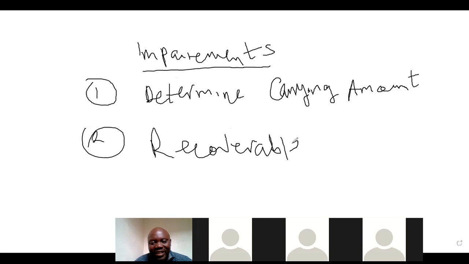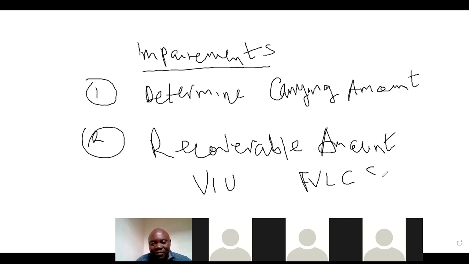Here now, you're looking at the recoverable amount. So you have two elements: value in use, and fair value less cost to sell. Whichever of these is higher, that is what you're going to pick.